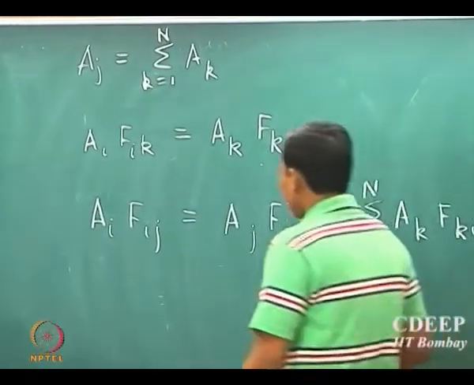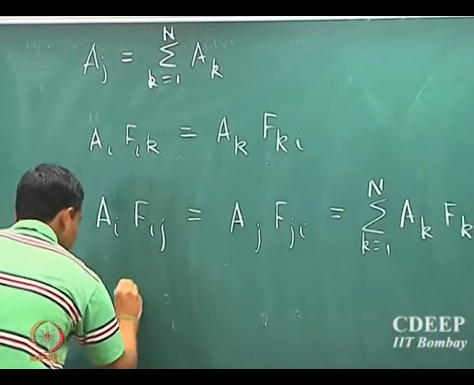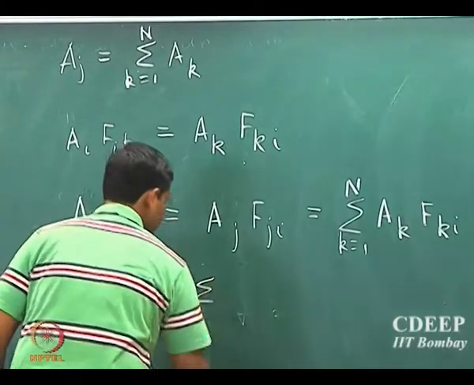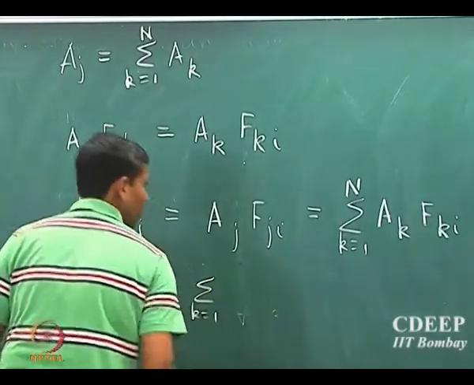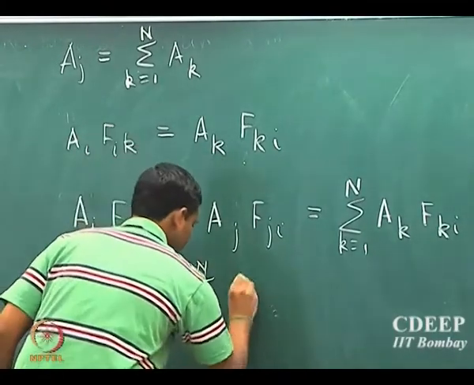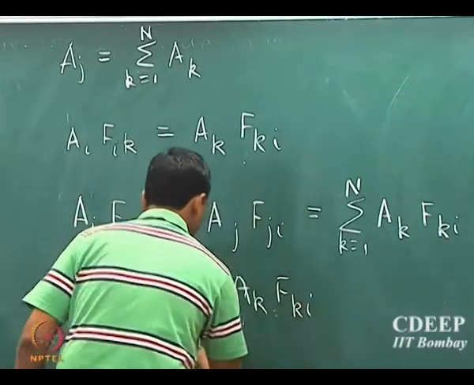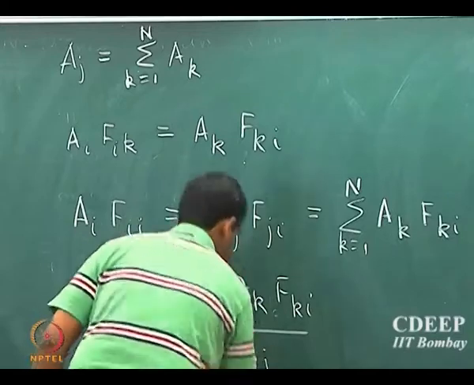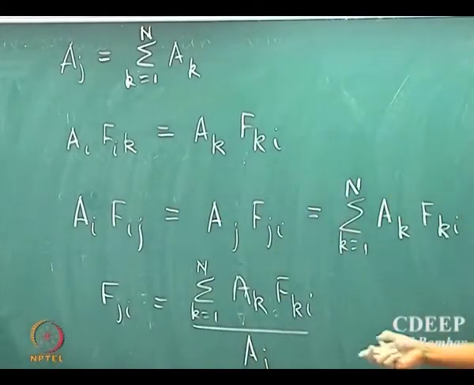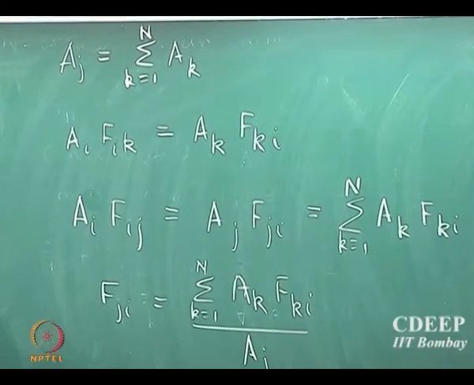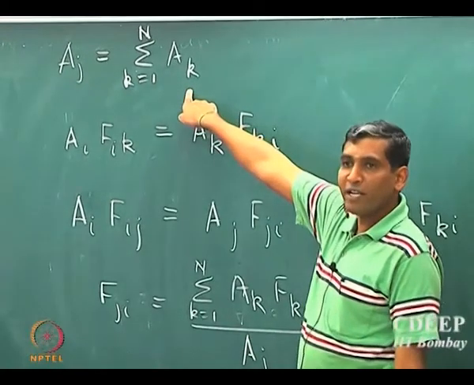Okay. So now Fji is nothing but the sum, k equal to 1 to n, Ak into Fki, divided by Aj. What is Aj? That is nothing but the sum of all the individual areas.